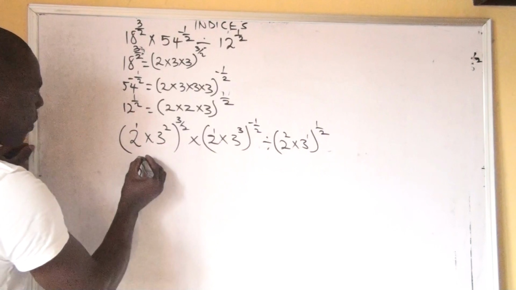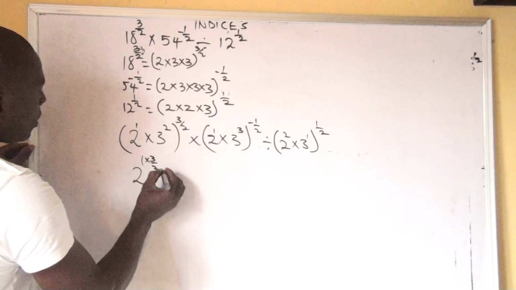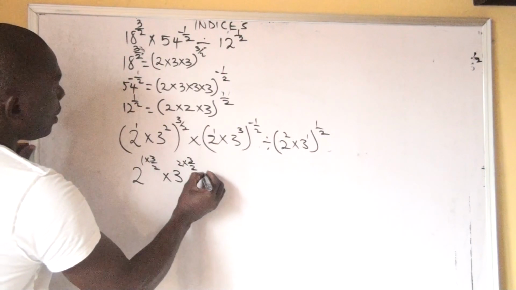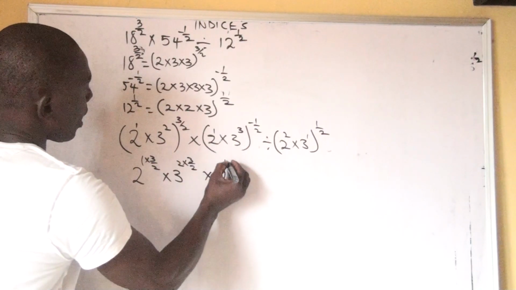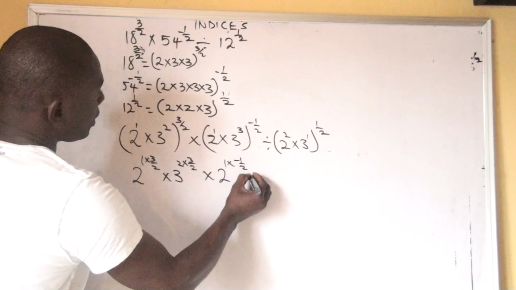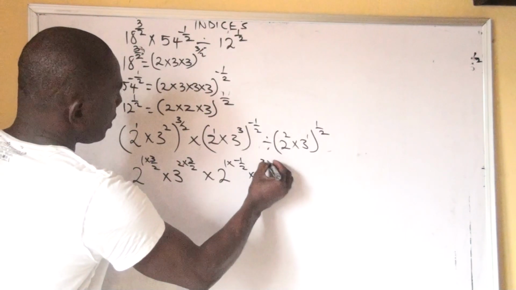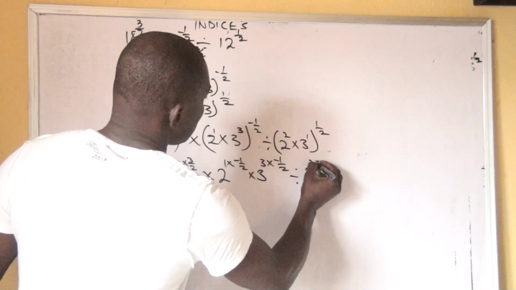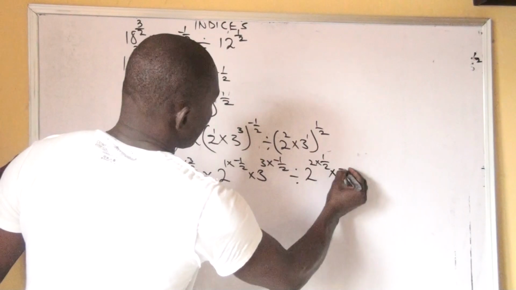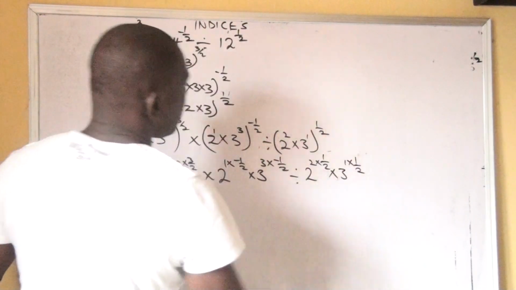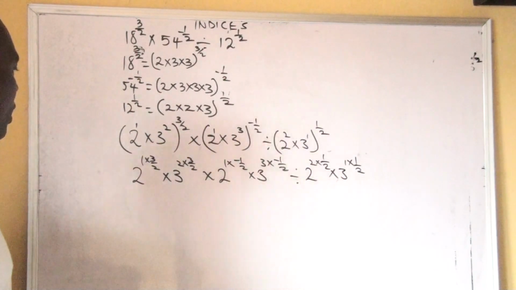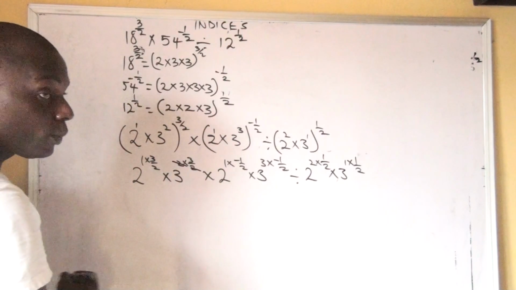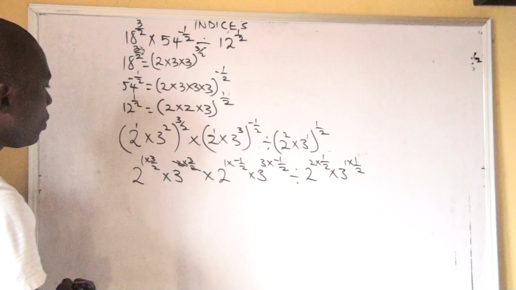So this will have a 2 raised to the power 1 times 3 over 2 times 3 raised to the power 2 times 3 over 2 times 2 raised to the power 1 times minus 1 over 2 times 3 raised to the power 3 times minus 1 over 2 divide 2 raised to the power 2 times half times 3 raised to the power 1 times half. Okay, now we also continue here. This 2, we cancel this 2. 3 over 2 times 2 is 3.